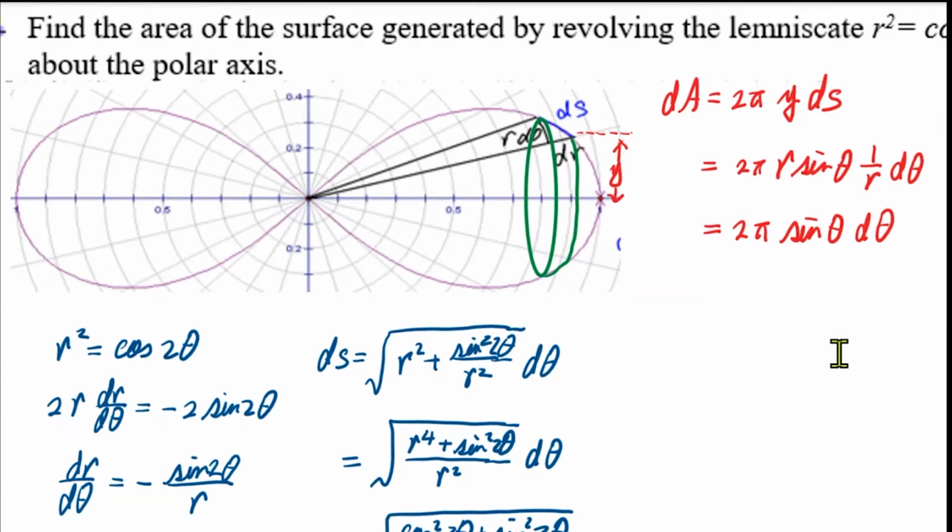Okay, let's integrate. So our a here is, now here's the thing. Do we do 0 to 2 pi? Somebody's shaking his head. Tell me why not, Josh?